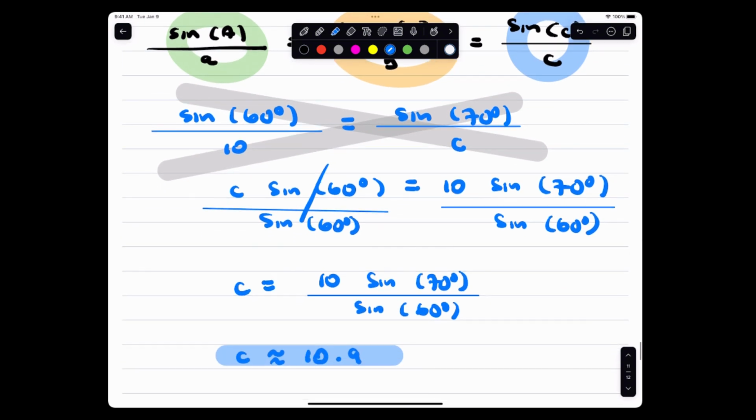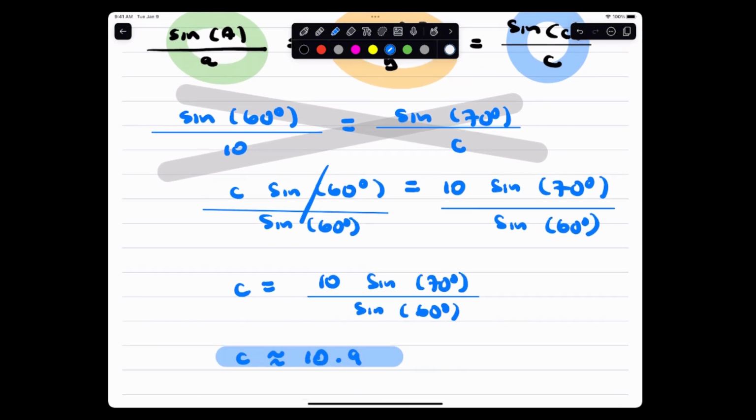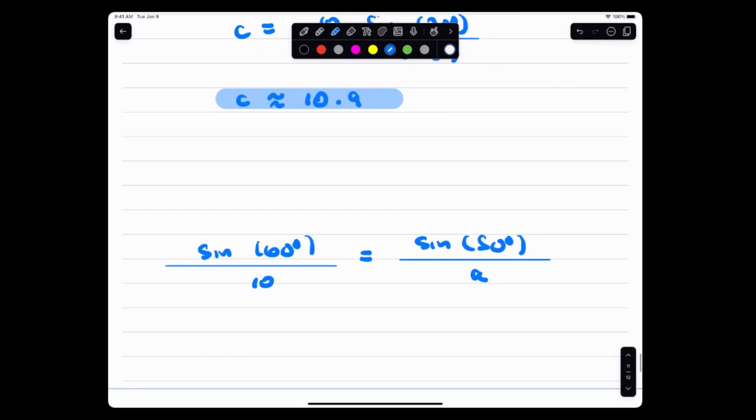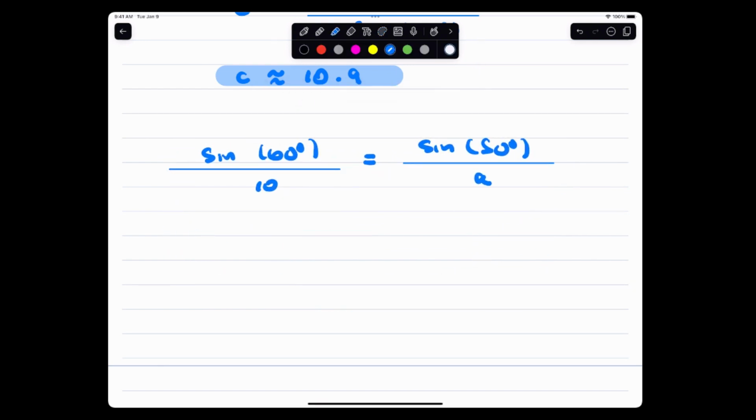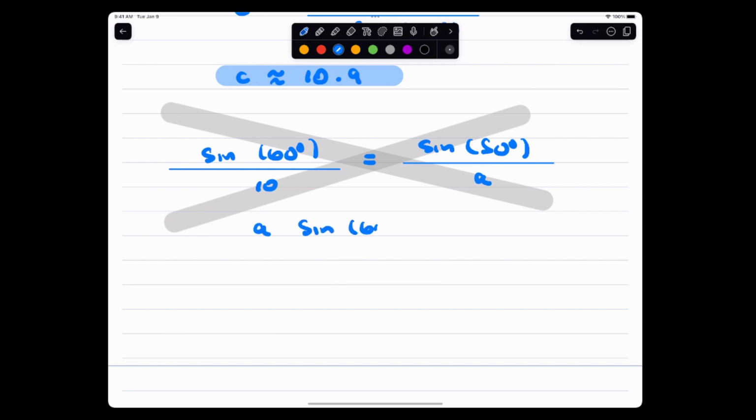So we have the other ratio to find A. This is the work we did. A sine 60 becomes 10 sine 50.